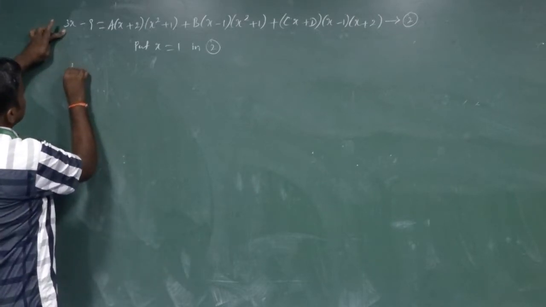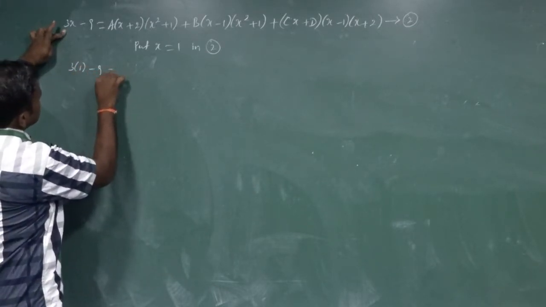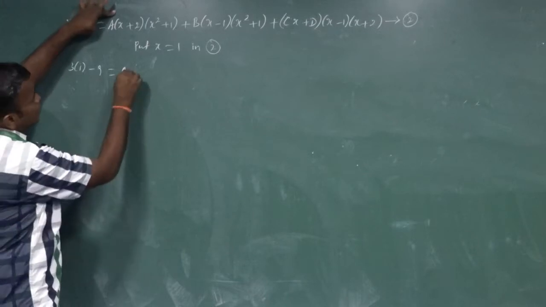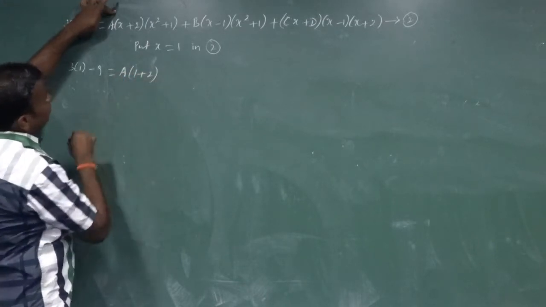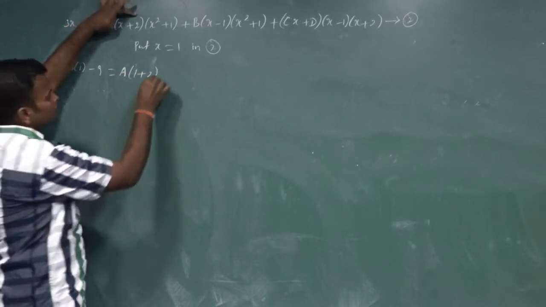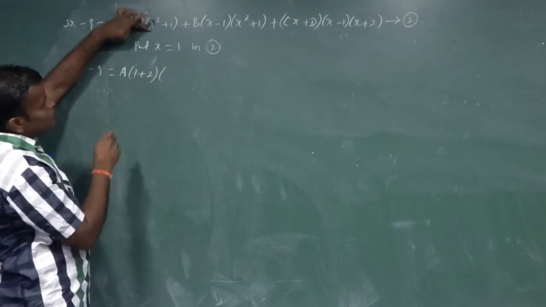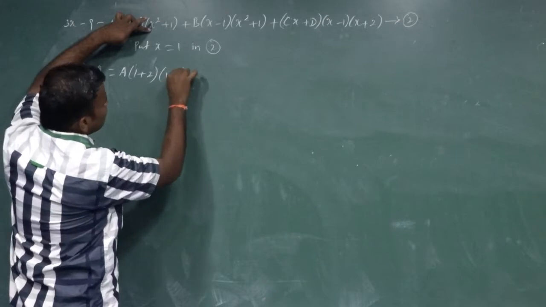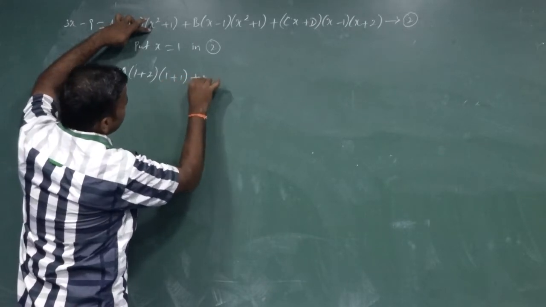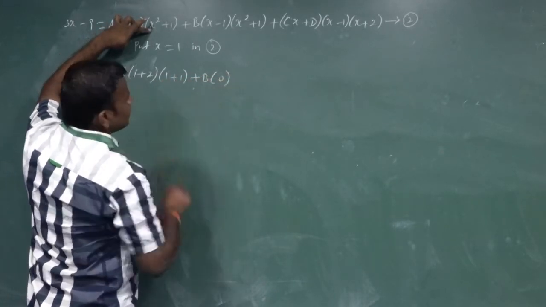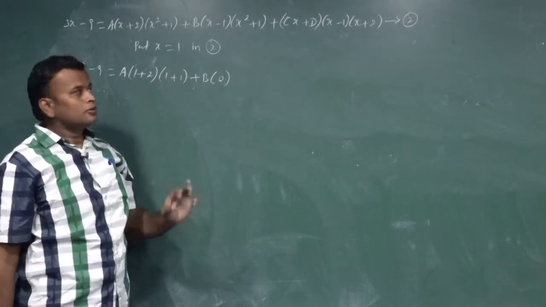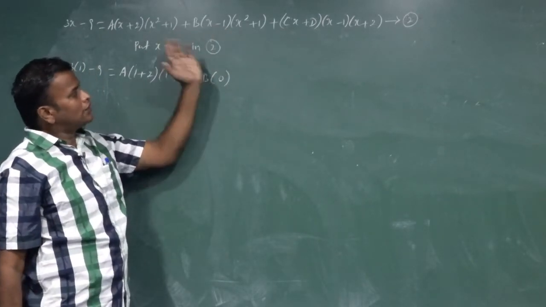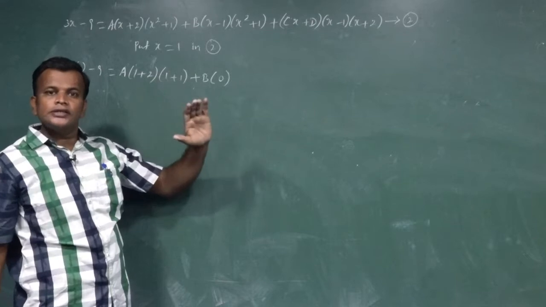So 3 of 1 minus 9 is equal to a of, the value of x is 1, 1 plus 2. The value of 1 square is also 1, so 1 plus 1, plus b of, just I write 0, because 1 minus 1 is 0, and 0 with anything is always 0.